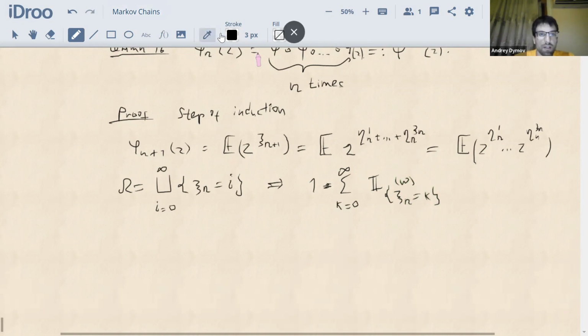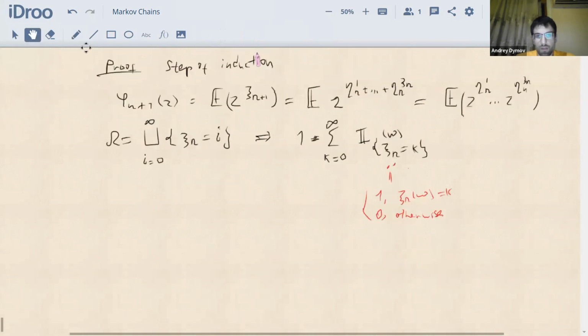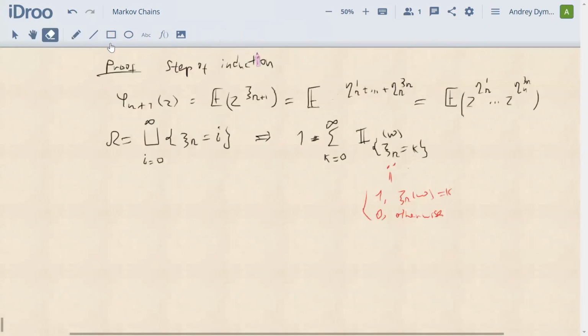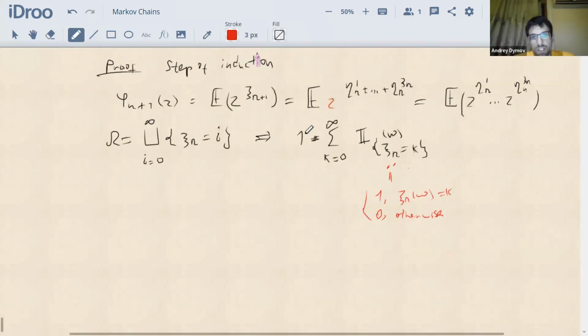What is this indicator function? Just by definition, this is a random variable which equals 1 if psi n of omega equals k, and which equals 0 otherwise. So do you agree with this? Yes. And then I will just insert this one into the brackets here.